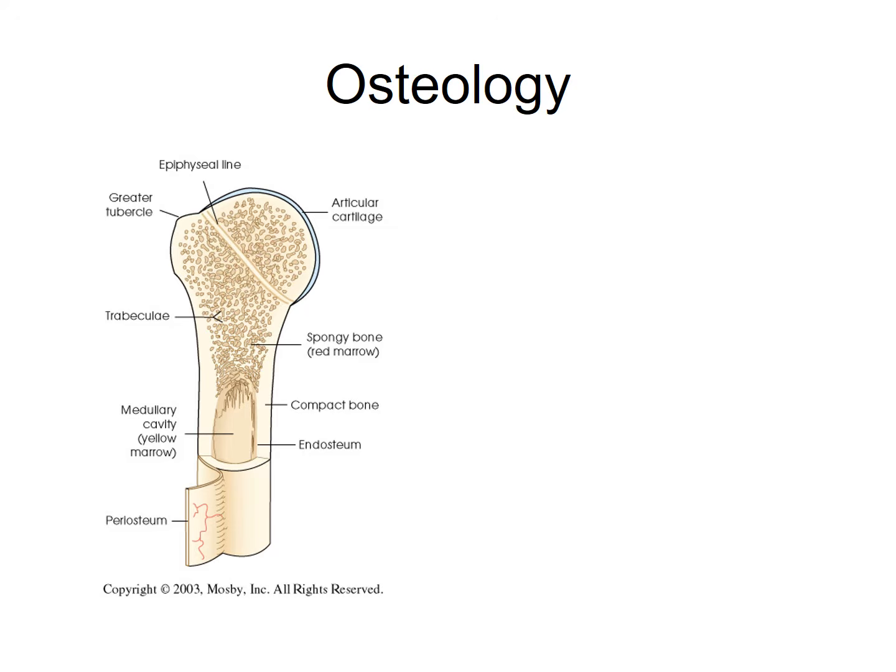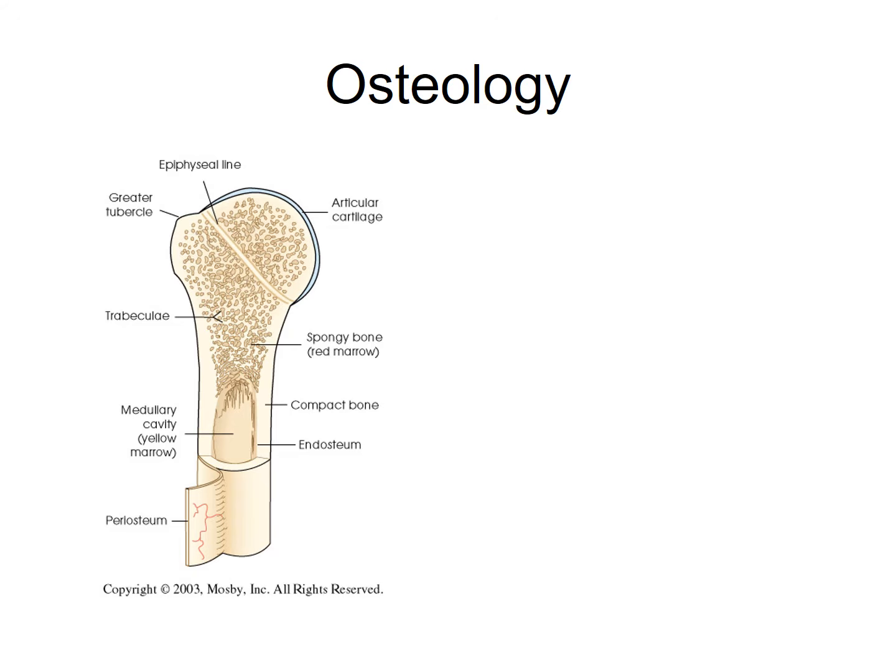Also, in a growing bone, we have something called an epiphyseal line or epiphyseal plate. That's where the bone is going to grow from. In children, because the bones are still growing, you can actually see this epiphyseal line. It almost looks like the bone is broken, where it's split off from the rest of its length, but that's normal.